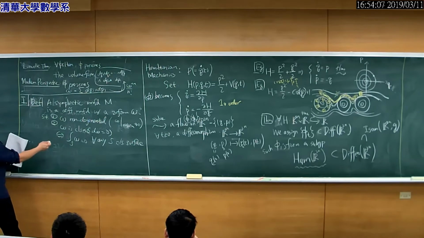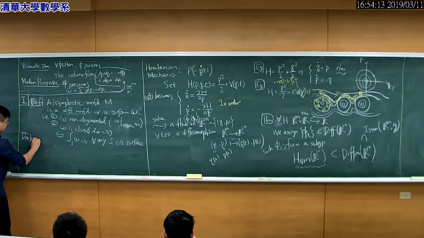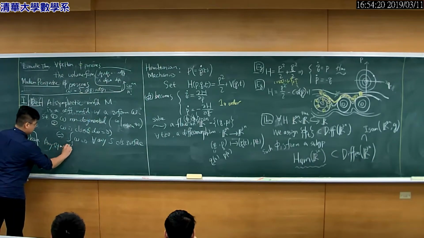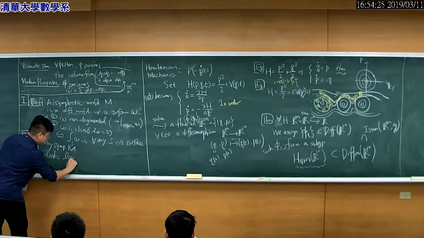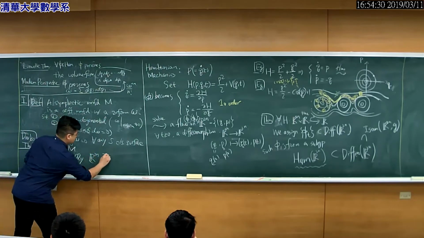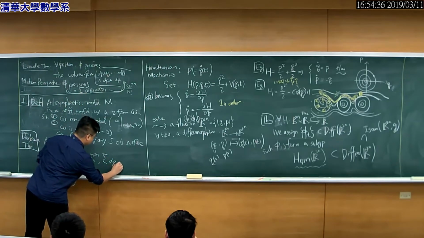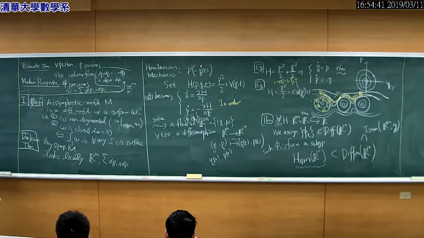But the thing is, it's not that abstract because there is the Darboux theorem. Any symplectic manifold looks locally like R^2n with the standard form. So it means that we don't have true local structure.